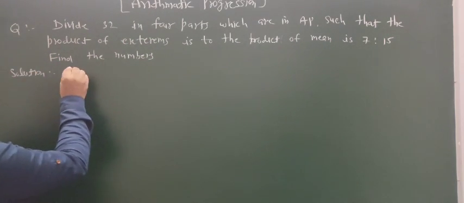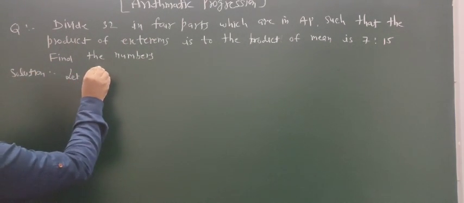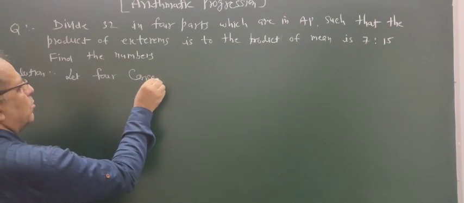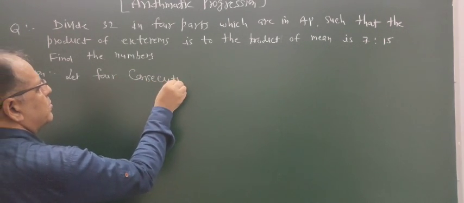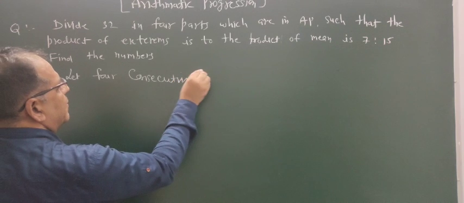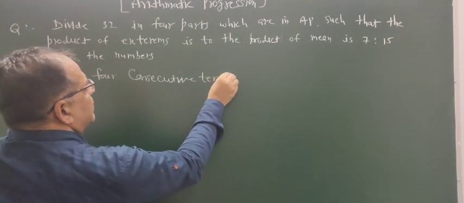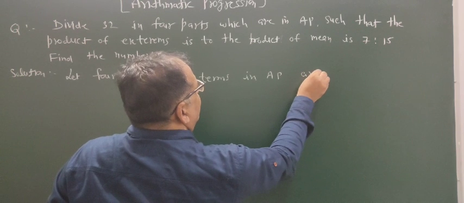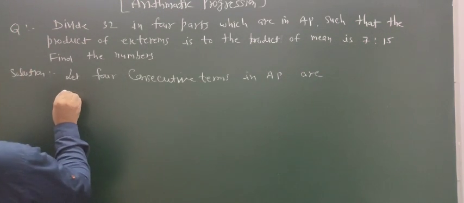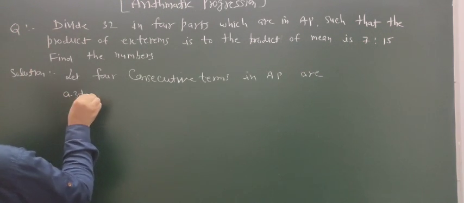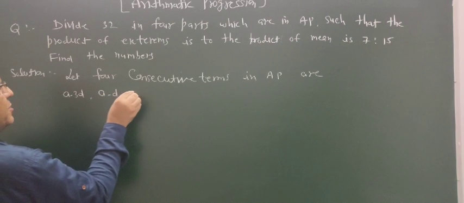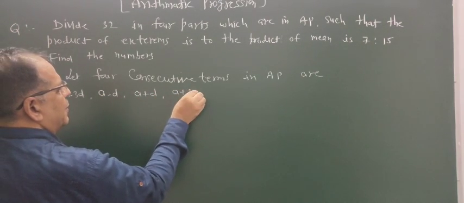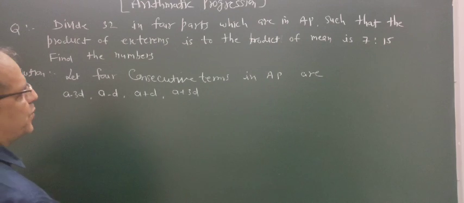The first step is dividing 32 into 4 parts. So we assume the 4 consecutive terms in AP are a minus 3d, a minus d, a plus d, a plus 3d.